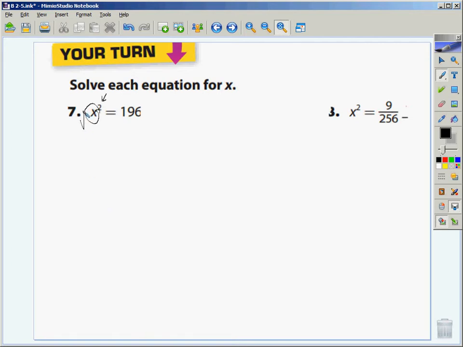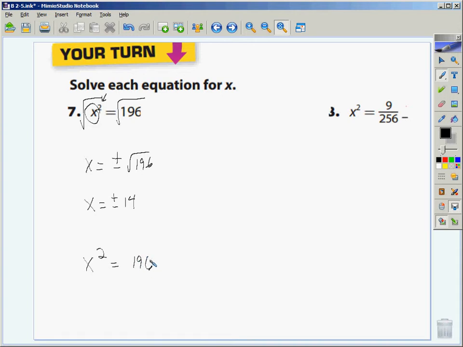Square rooting it. However, when a problem is written this way, I have to remember that it doesn't just produce a positive answer, it produces a positive and a negative. What is the square root of 196? 14.